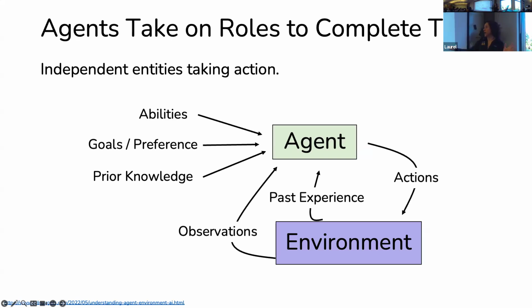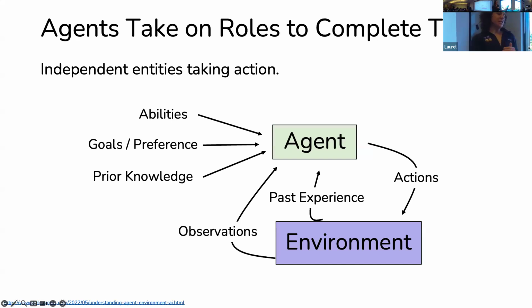And at the core, their output is an action on the world. You can think of this even in the classical reinforcement learning setup, where you have agents literally taking actions in a game or something, and the same with RL and robotics. This is a very classic definition of an agent.